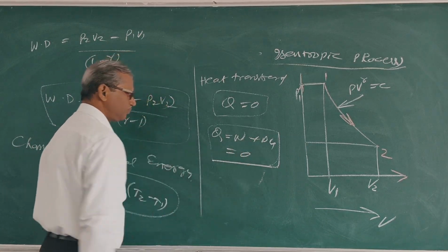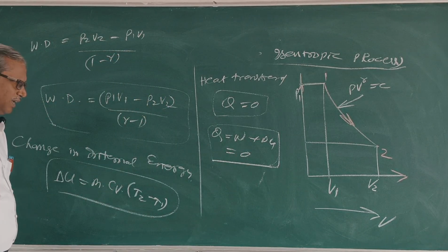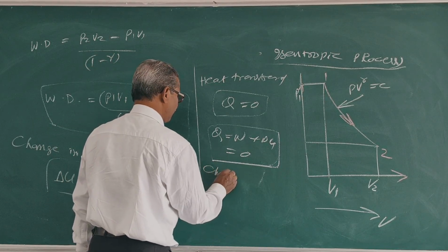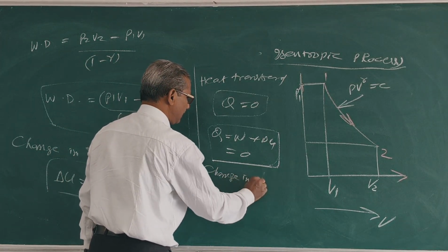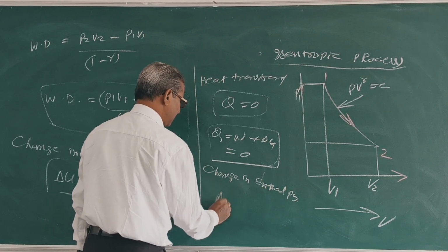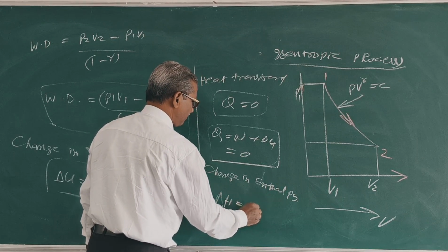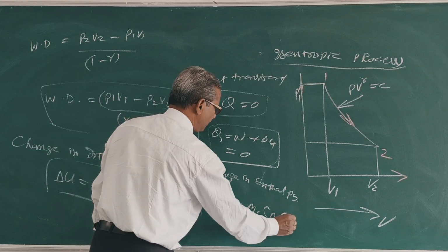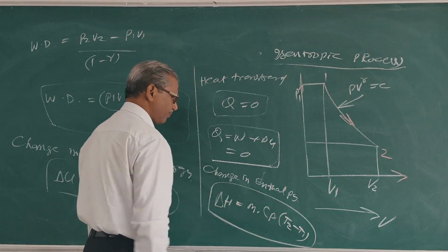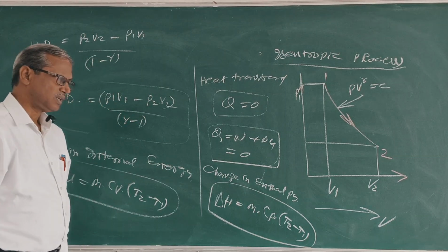Similarly, change in enthalpy: delta H is m Cp into T2 minus T1. Clear?